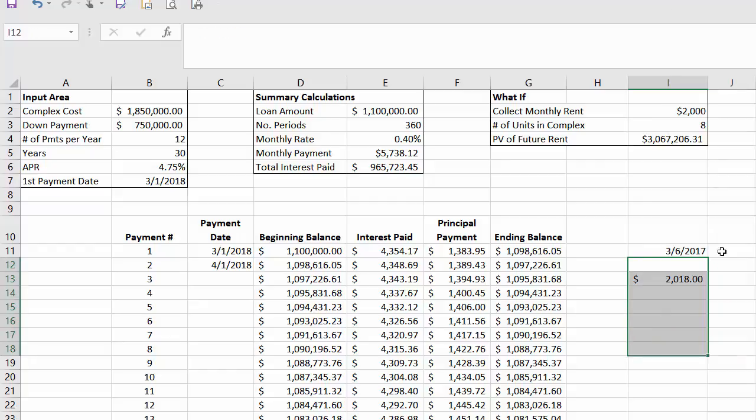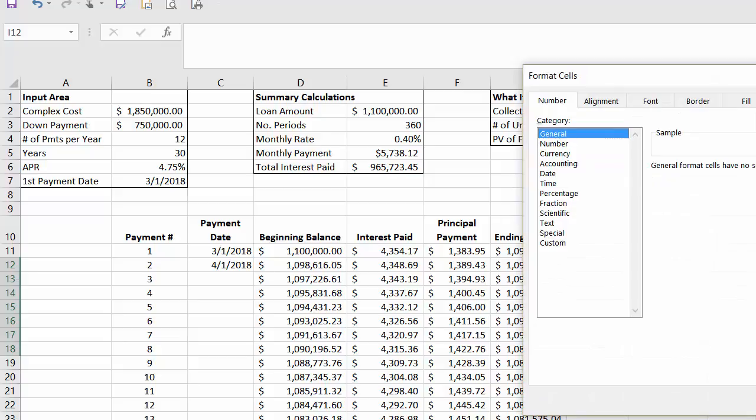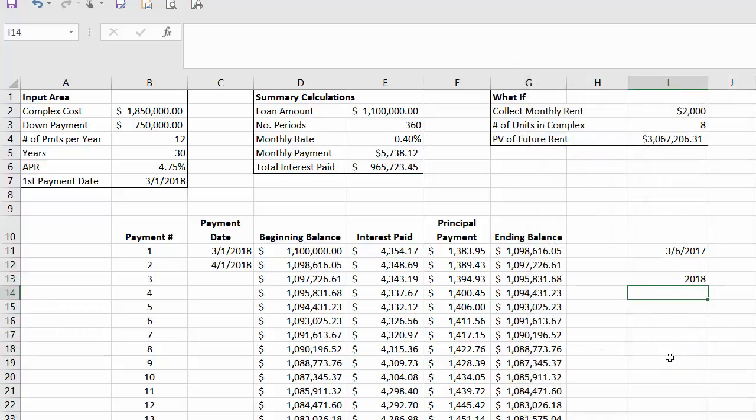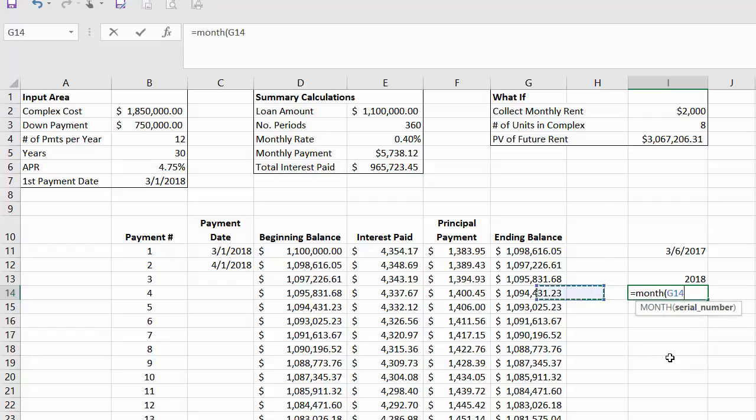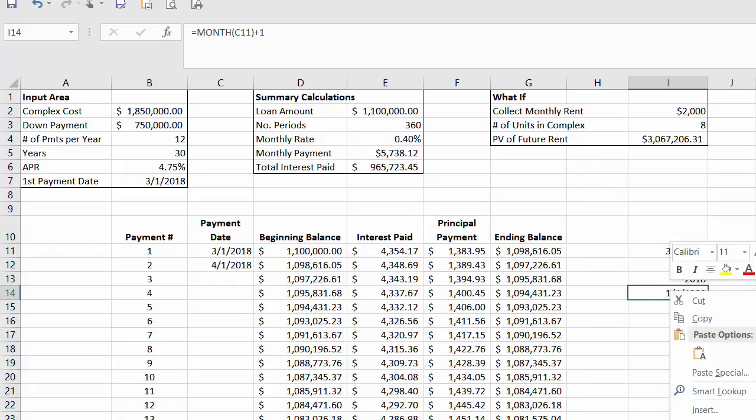Let me format that properly. Just do format cells, General. And if we do equals month of this one, it gives us a 3. But if we were to add 1 to it, we'd know that that was for the next month, and it would take care of everything for us. Again, I need to format that as general.